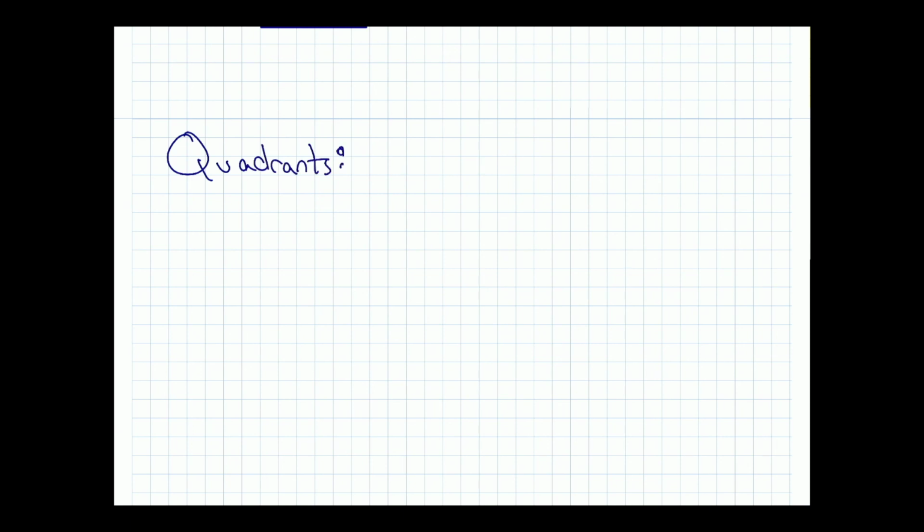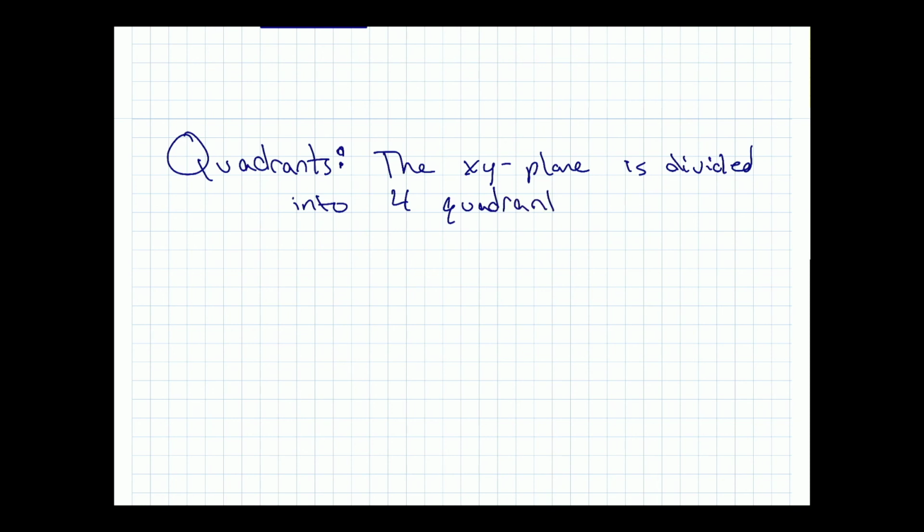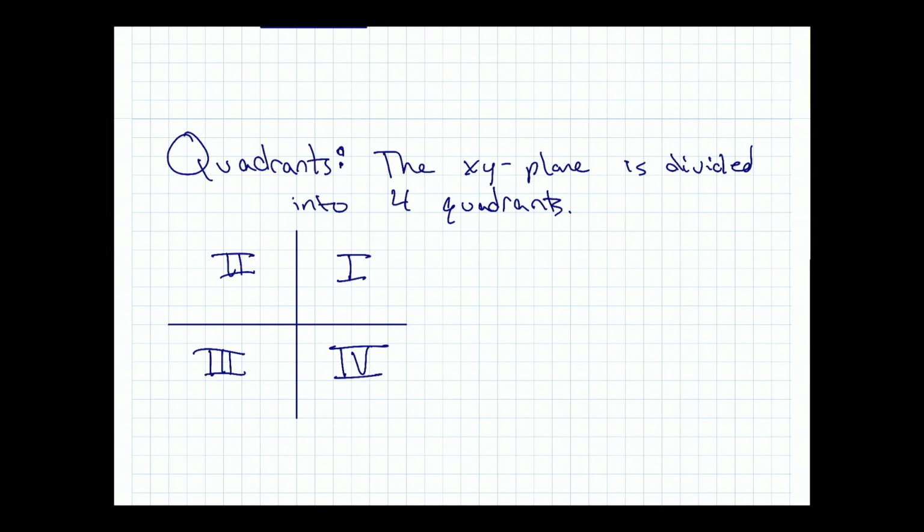Quadrants. Okay, so basically, when you have angles in standard position, we've got an XY plane, and we divide the XY plane into 4 quadrants, like so. 1, 2, 3, 4.